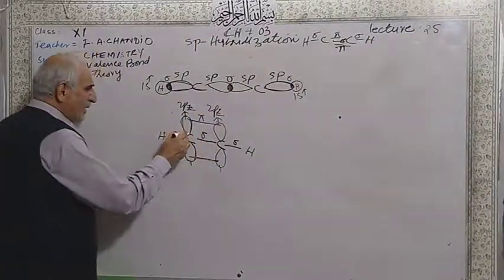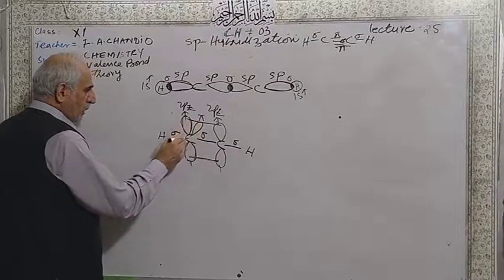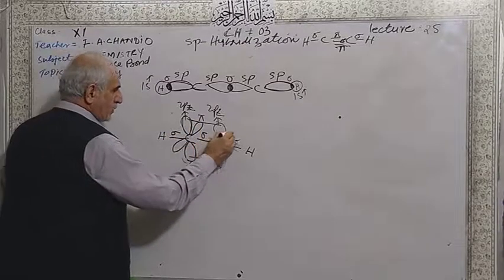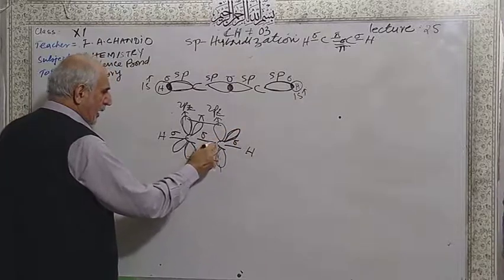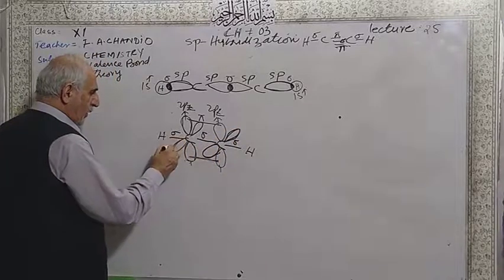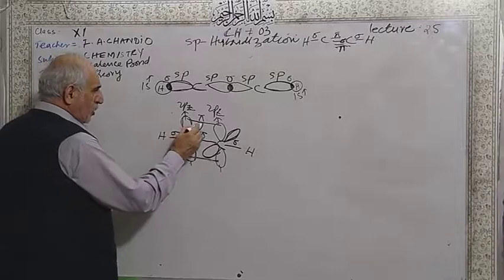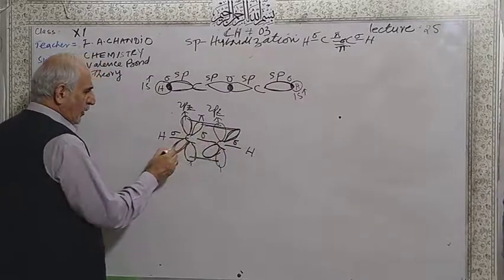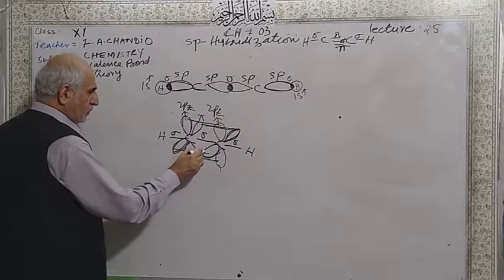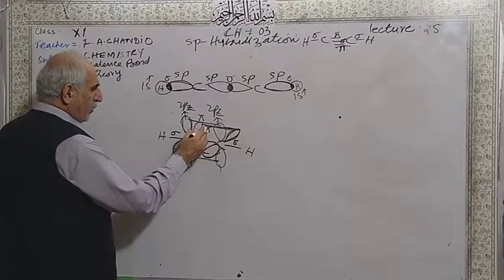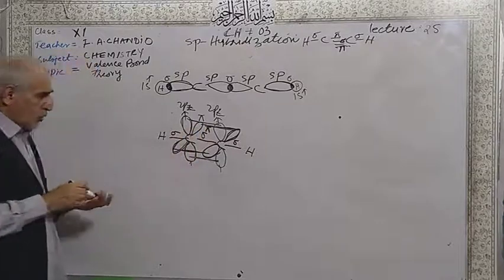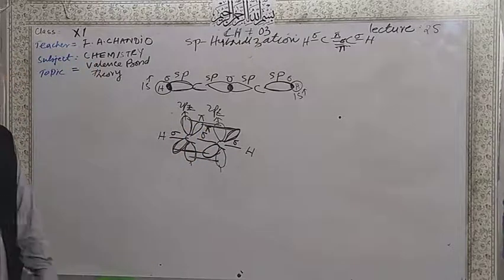So there is another unhybridized atomic orbital with each carbon atom, 2py. Yes, there is overlapping between the 2py and 2py, above and below. So 2 pi bonds are going to be formed.